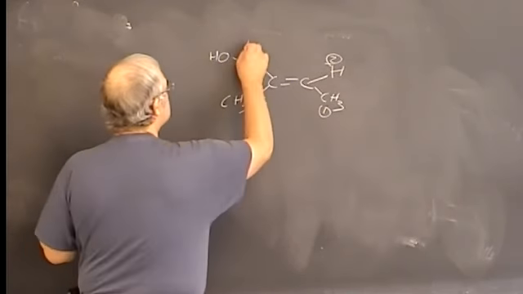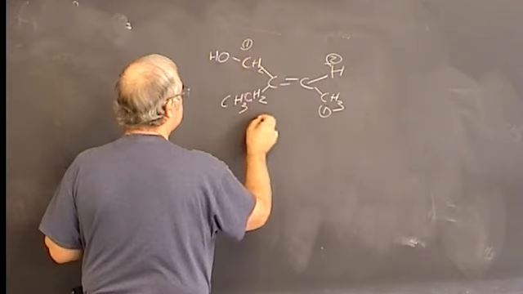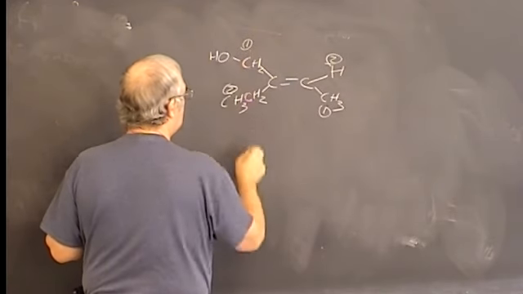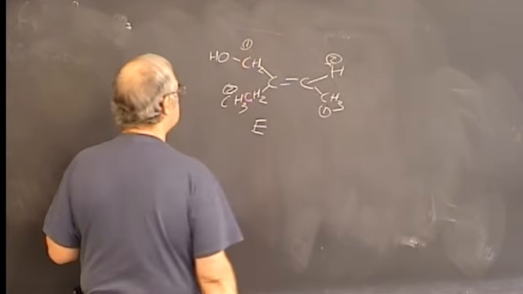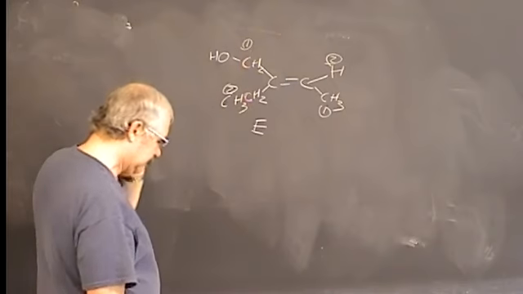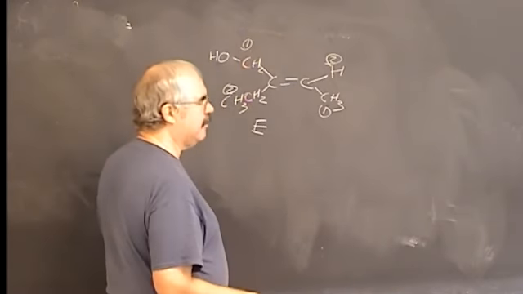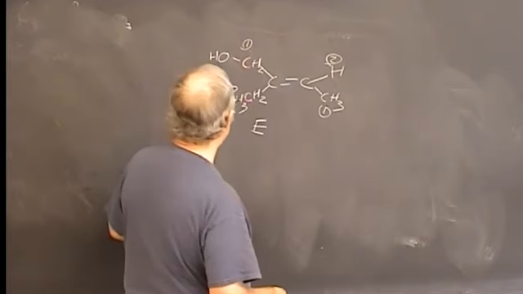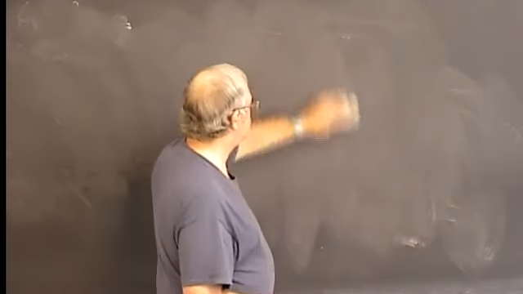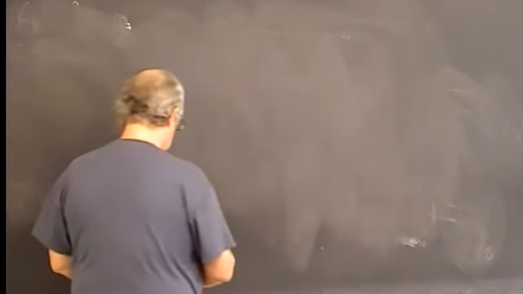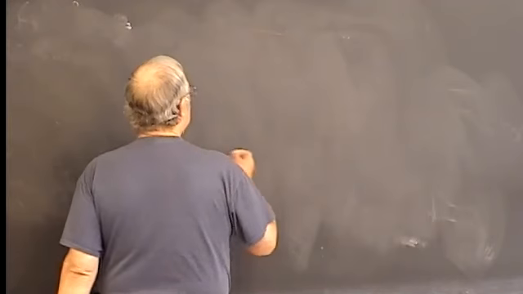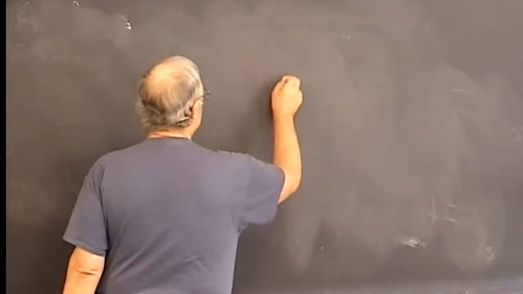So this group wins out. So this would be the E isomer. As soon as we find a difference, we stop.